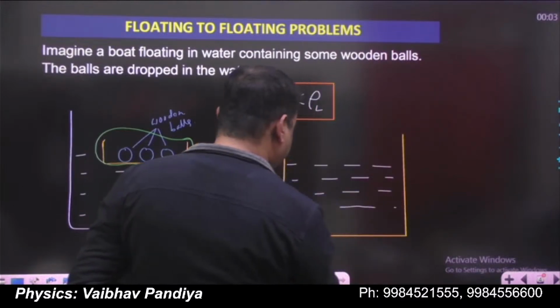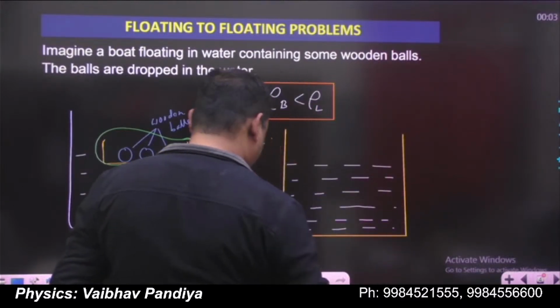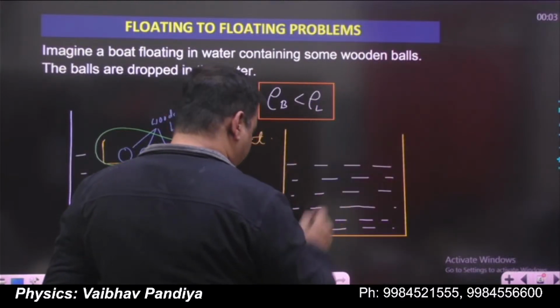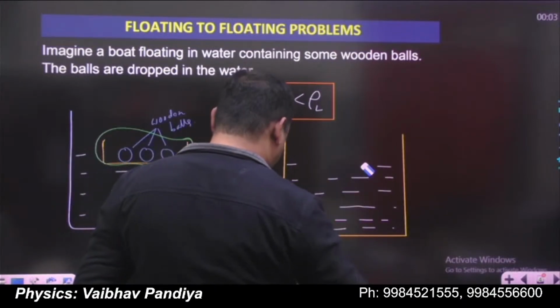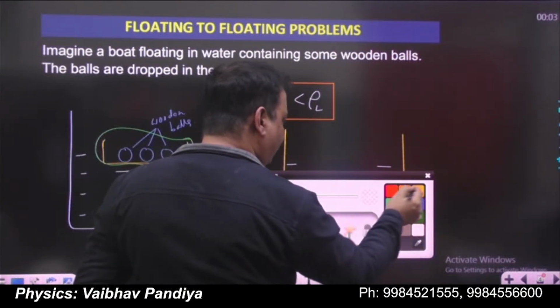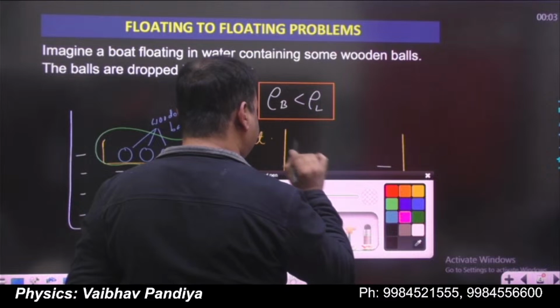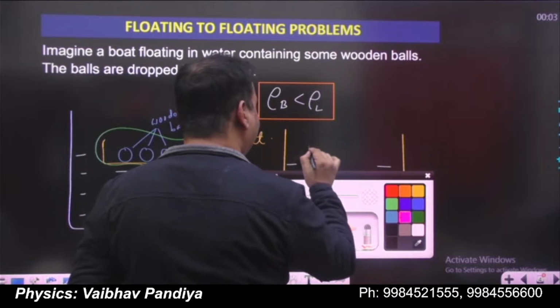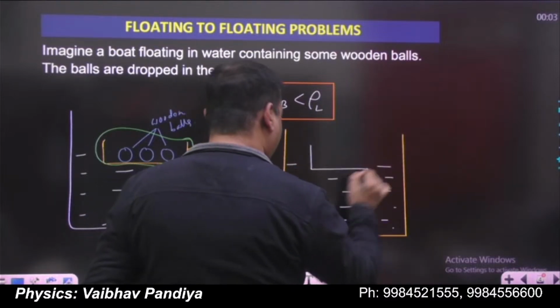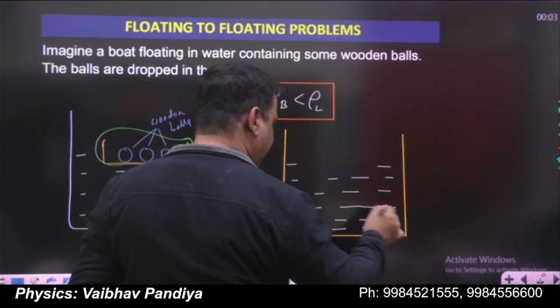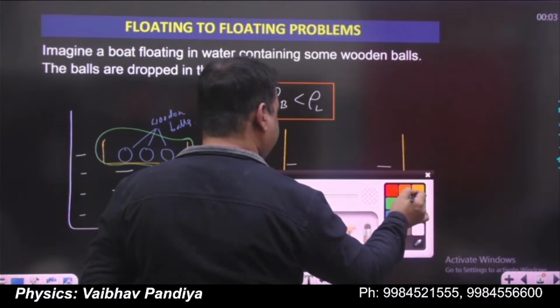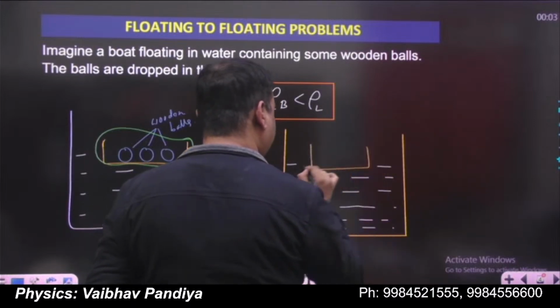So when you remove all the balls, surely the boat will get lifted up, because now the system has lesser weight to be balanced by the upthrust. So your boat will get a little bit lifted up, correct? Like this.